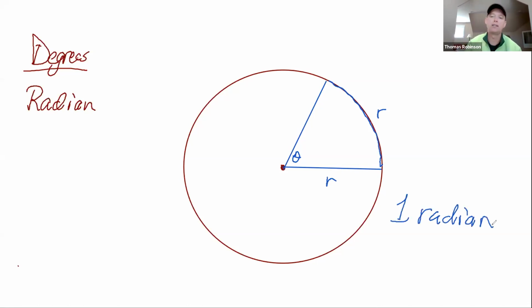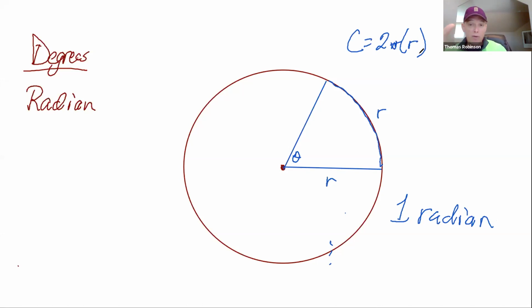And I don't think it's a coincidence that radian and radius sound alike. So there's 1 radian that creates this arc that has an arc length that equals the radius. But here's what gets really tricky now, okay? Watch this. The circumference of a circle is 2 pi times r, right?